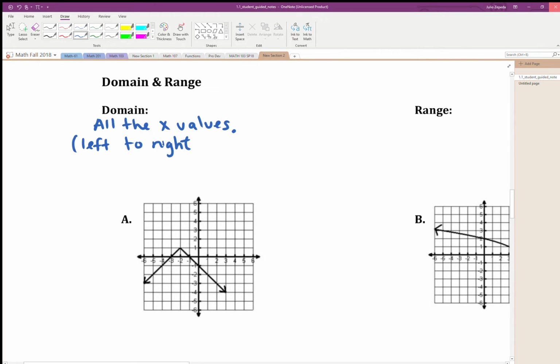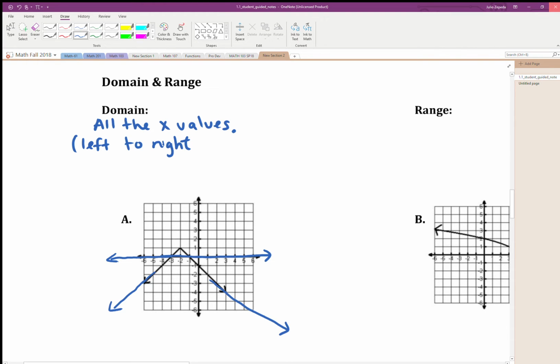Okay, so as I look at my first graph here, on the left, there's an arrow here, and it's going to continue on. I can see that there is no endpoint for the left of my graph. It's going to go to negative infinity. And then on the right, something similar is happening. It's going to continue on to positive infinity.